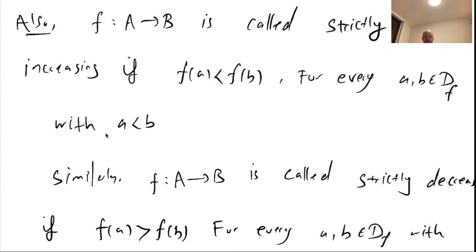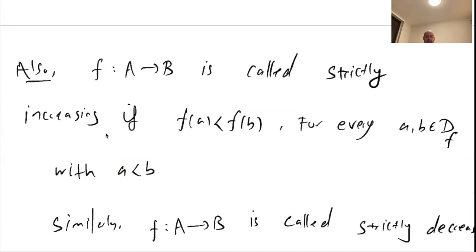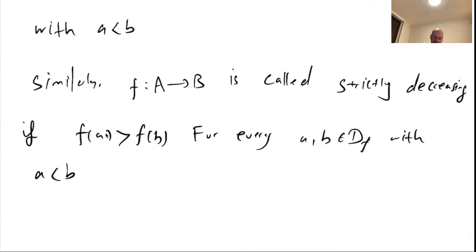So strictly increasing is similar to increasing, but in increasing we have f of a less than or equal to f of b. This time we have f of a less than f of b. So the inequality must be strict in order to have strictly increasing, and similar definition for strictly decreasing.